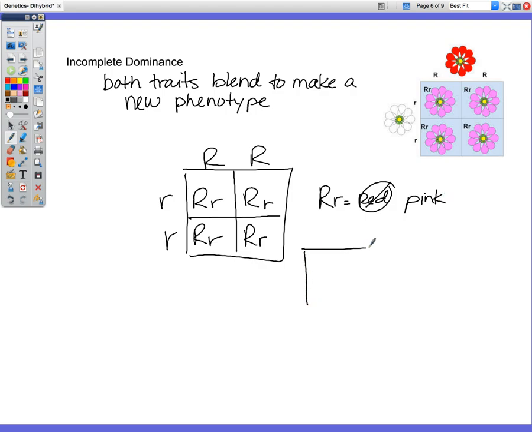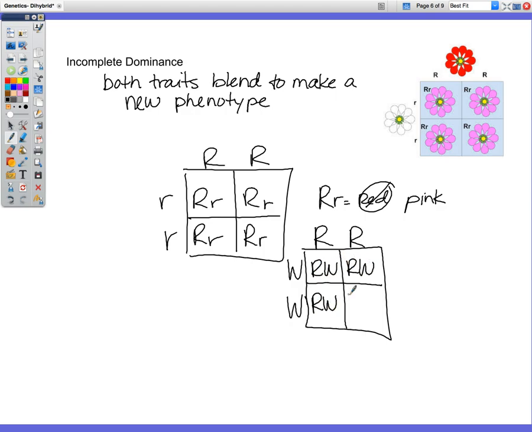Sometimes you can also see it written with capital letters as well, so you could see it as capital R, capital W, because red plus white equals pink. Either way is correct as long as you understand that incomplete dominance is a blend, so we're making something new out of that.